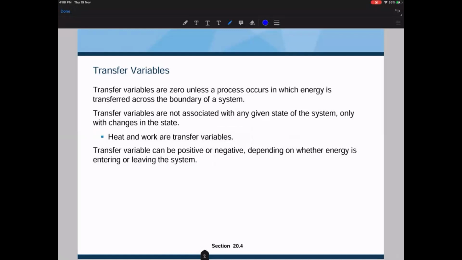So without a boundary, you do not have the heat transfer. And without the process of moving the heat energy from high temperature place to the low temperature place, there is no heat. So transfer variables need to take place across a boundary between the system and its surrounding.